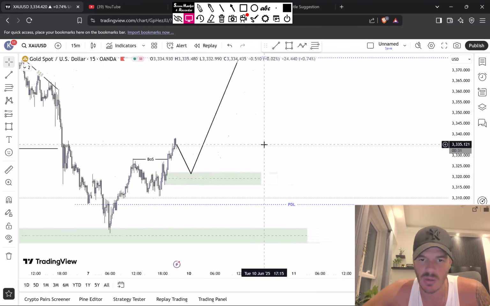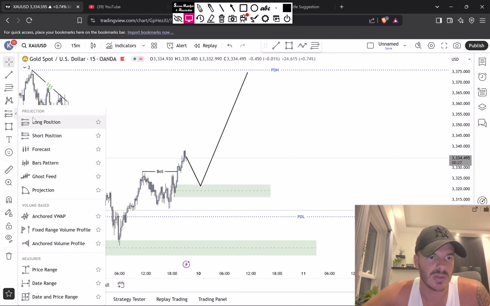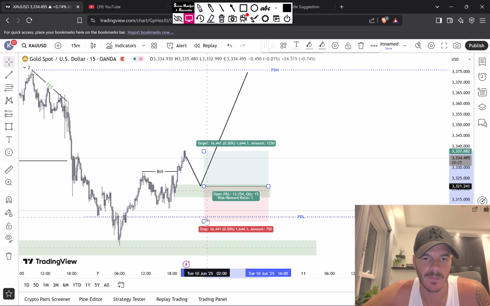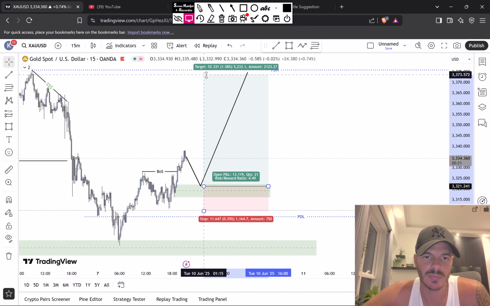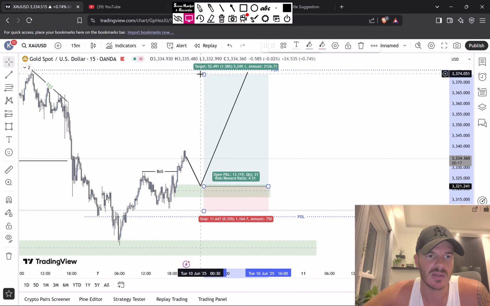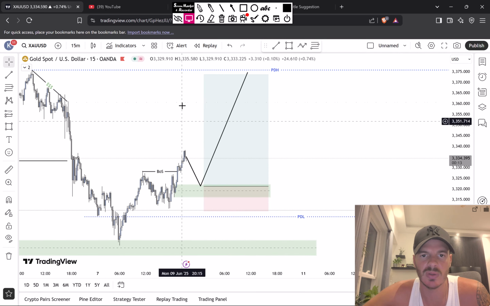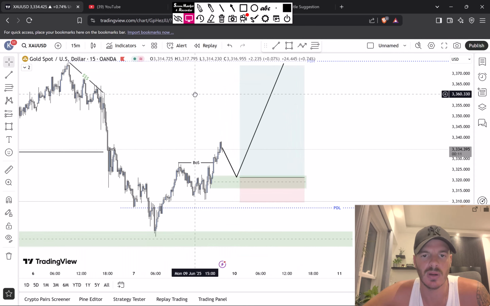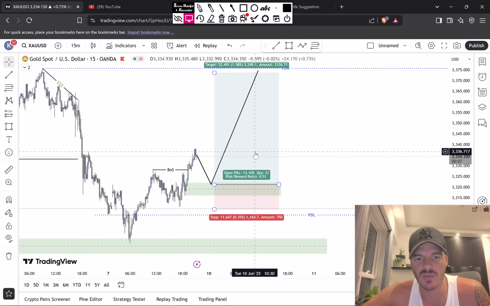So my trade would look exactly like that. Stop loss below the lows and targeting all the way to this high, where there is liquidity. For sure the market will go all the way up to sweep liquidity or continue its journey towards the upward direction. The risk to reward is 4.51.